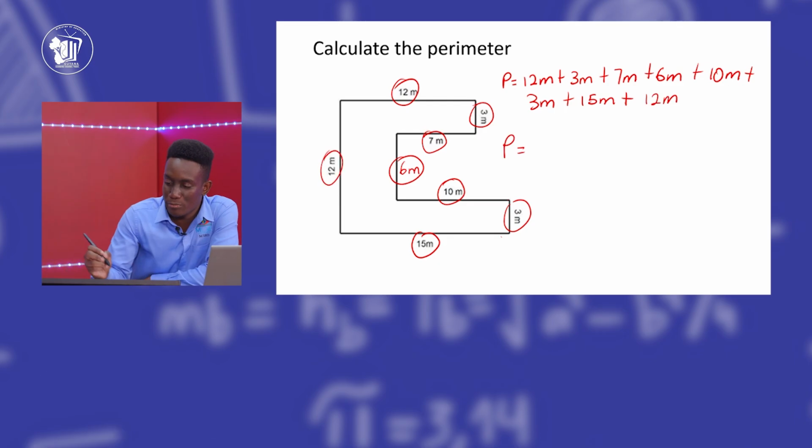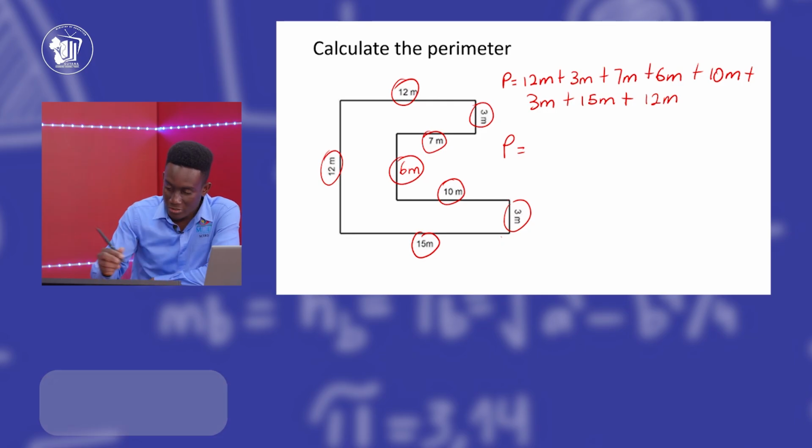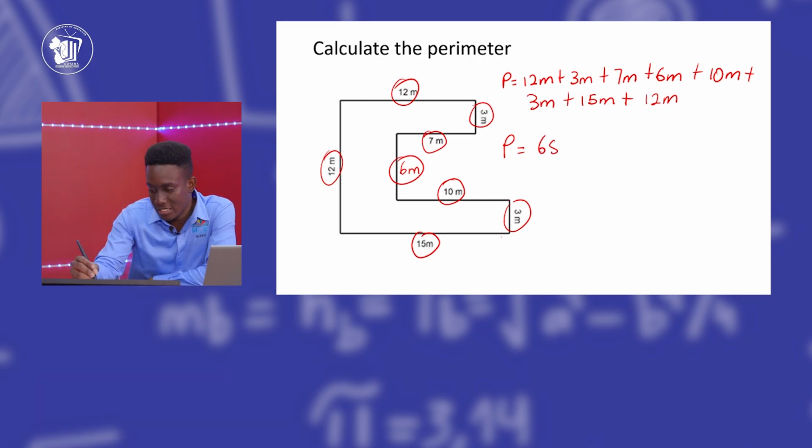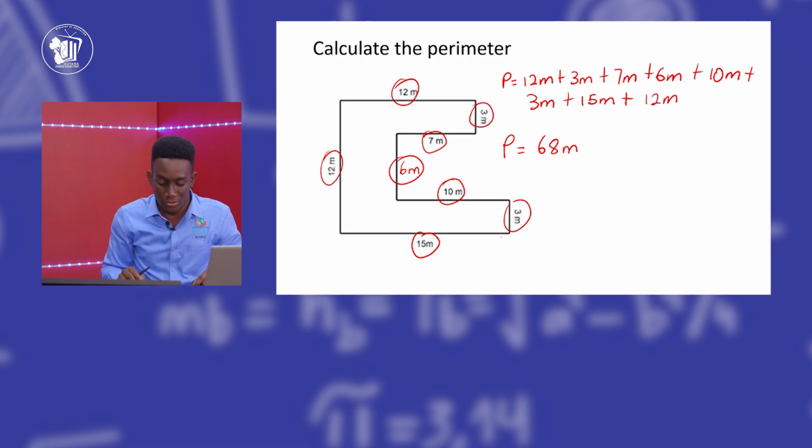So hence the perimeter will be 12 plus 3 plus 7 plus 6 plus 10 plus 3 plus 15 plus 12, which would give us a value of 68 meters. So the perimeter for this shape would be 68 meters.